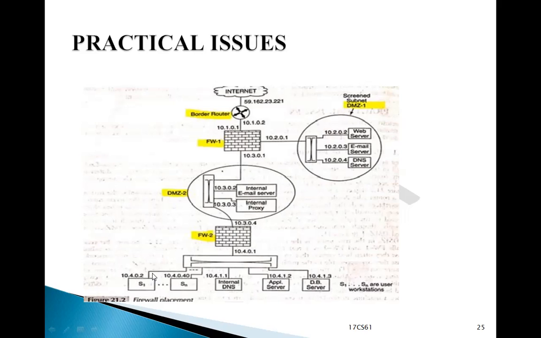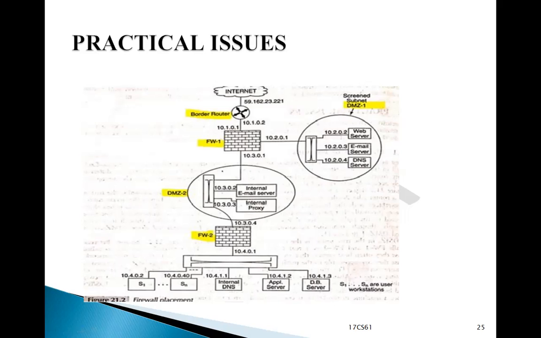So DMZ2 also contains an internal internet proxy server. You can see it here. All internal users who wish to access external web pages can connect to this proxy. So we have different IP addresses here, and different machines are being connected. The proxy scans incoming web pages for virus signatures and objectionable content, which is not authorized.